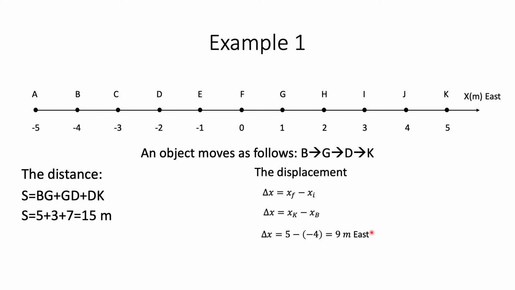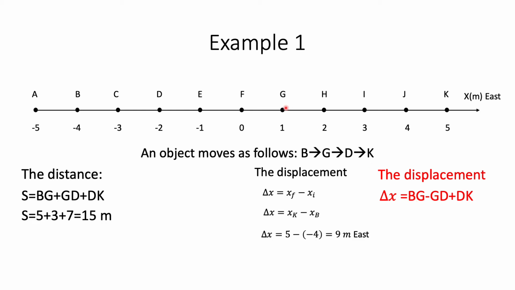Another way to find the displacement, I will use something similar to this. I will copy those letters without the signs. And then BG, moving from B to G. It was moving in this direction, which is east, which is a positive direction, so I leave it positive.